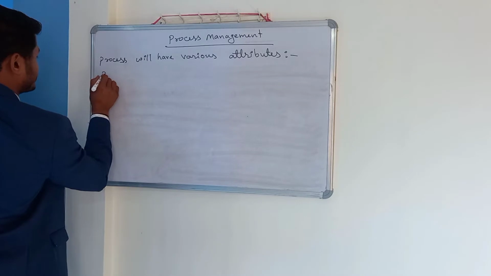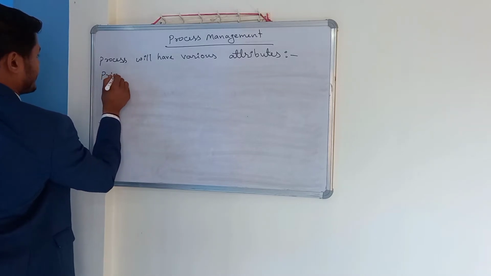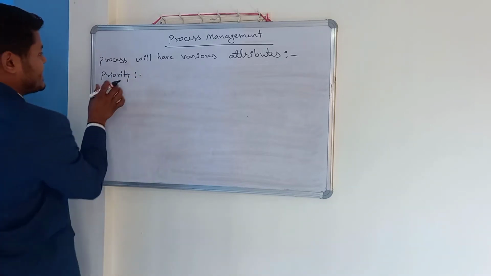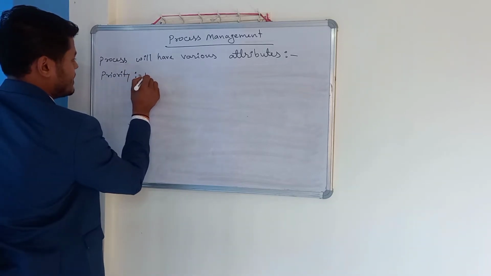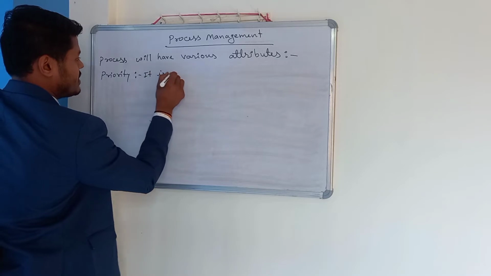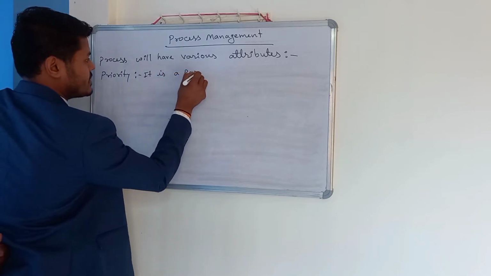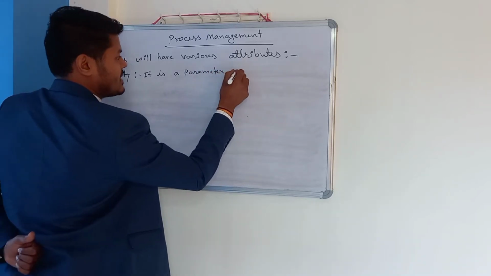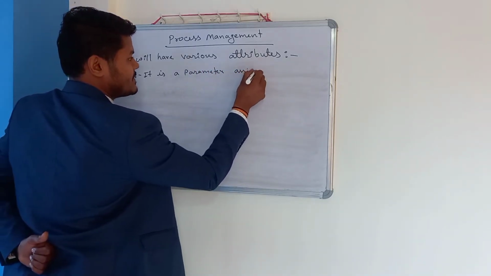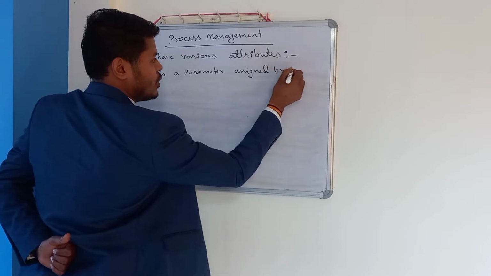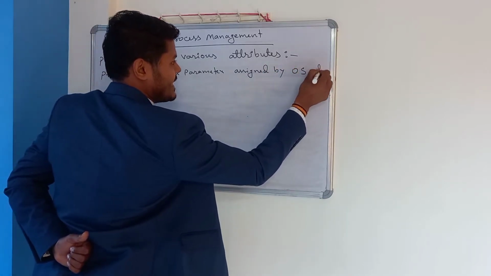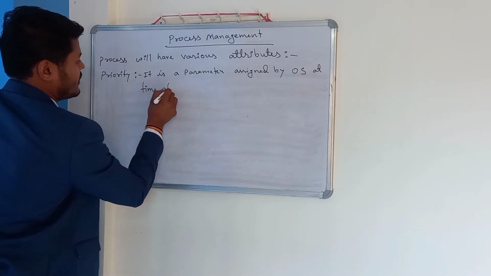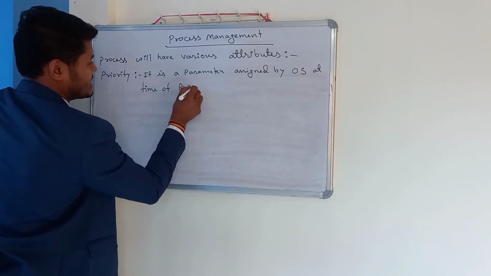Priority is a parameter assigned by the operating system at the time of process creation.